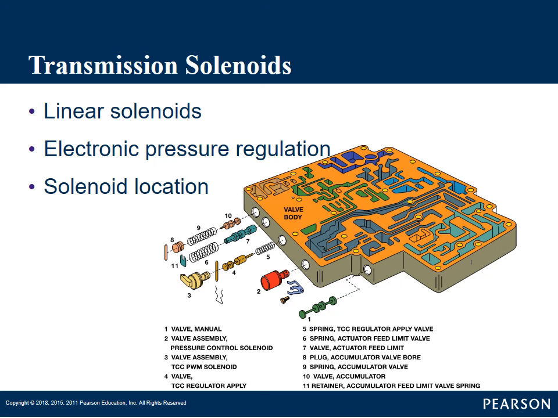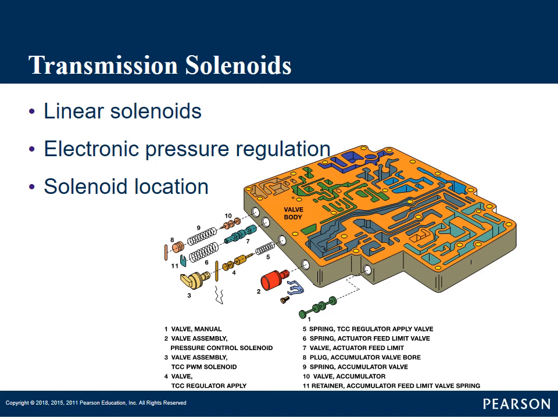Okay, so now that we've gone through our different control valves and solenoids and how the hydraulic pressure works in a transmission. Again, this is why we call valve bodies the brain. The pump is the heart of a transmission, but it's all centered around hydraulic pressure and hydraulic fluid flow.